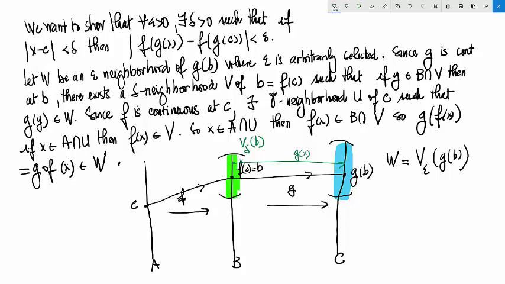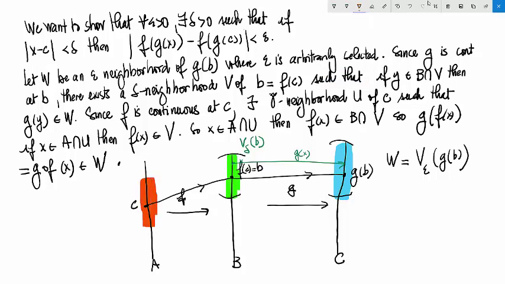Now, since f is continuous, then picking a neighborhood around f of c, I can find a neighborhood around c, and we call it U. Let me use orange.